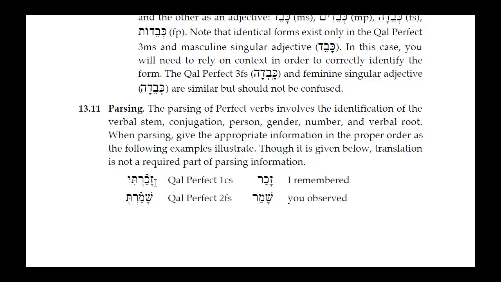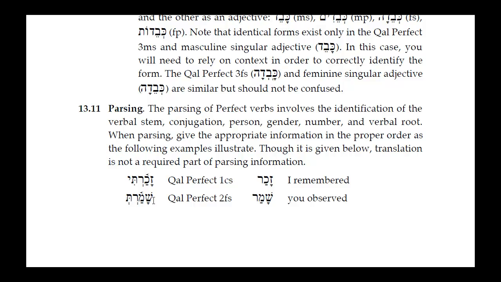We want to say this is a Qal stem, perfect conjugation, first common singular, from zakar, I remembered. Next one is shamarte.